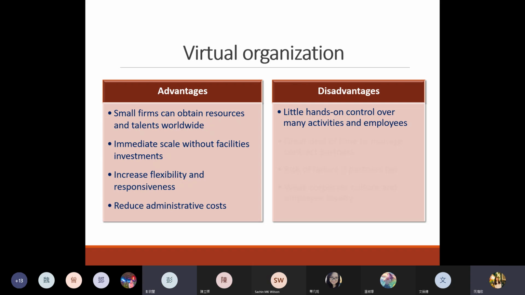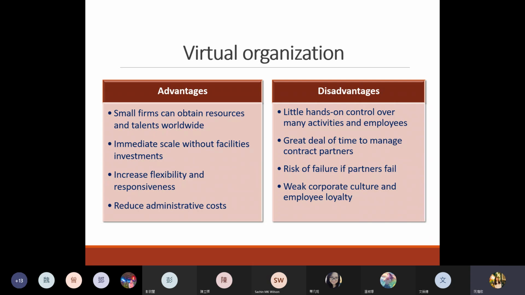Okay, so disadvantages. One is little control. Second is you actually have to spend a great deal of time to manage your partners. Like I mentioned, this one is from the perspective of transaction cost economics. And then we have the failure possibility if your suppliers fail.